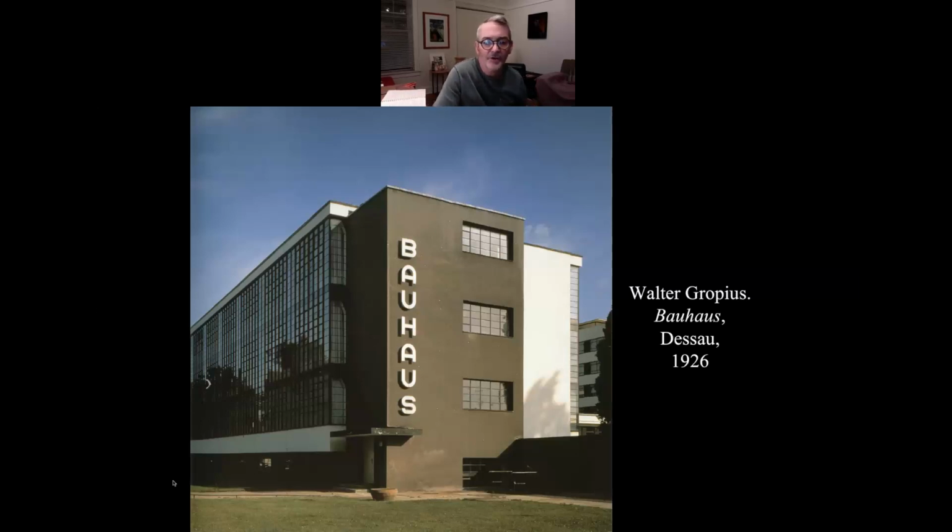They moved the Bauhaus Institute to the city of Dessau, and Gropius was able to design and build the buildings for the Bauhaus Institute in Dessau. So this is one of the main workshop buildings. This sort of smooth typography is unique.